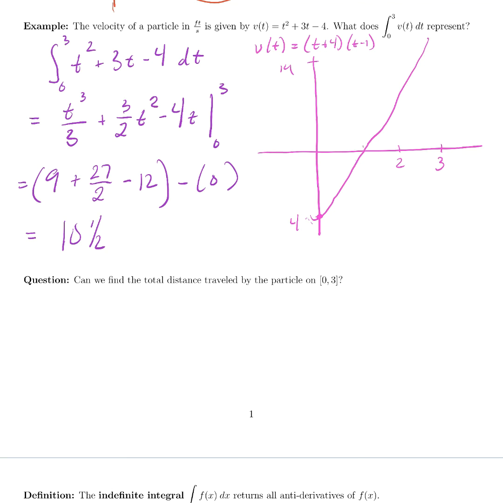So this is a piece of a parabola. It's crossing the x-axis here at 1, and this was the value at 3.